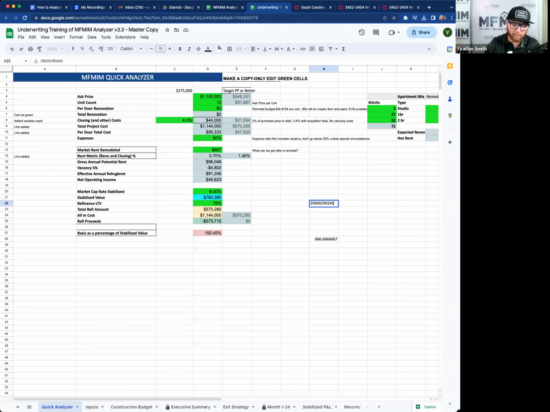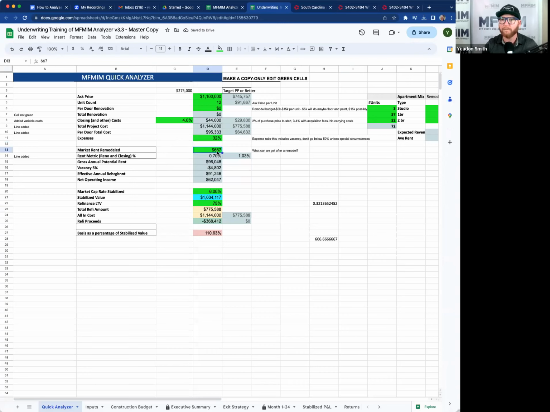And I have to make it a formula. Equals sum, put my parentheses on there, and Shazam. All right. So as a percentage, that's 32%. 32% is what they are having as the expenses.